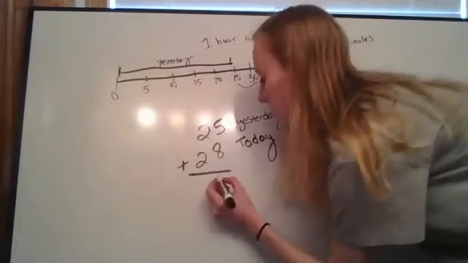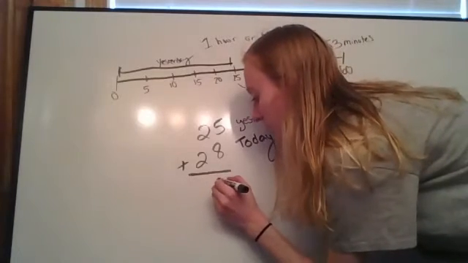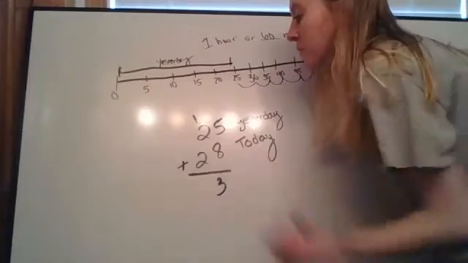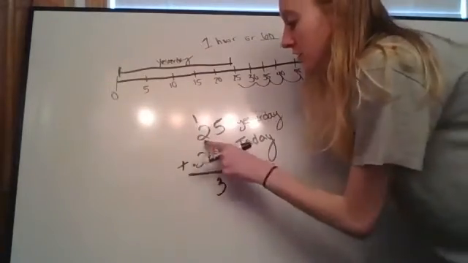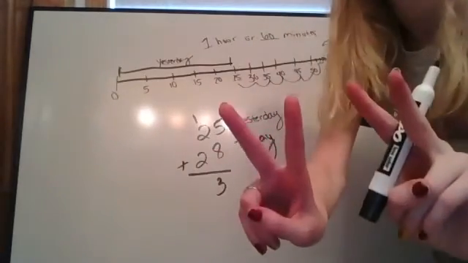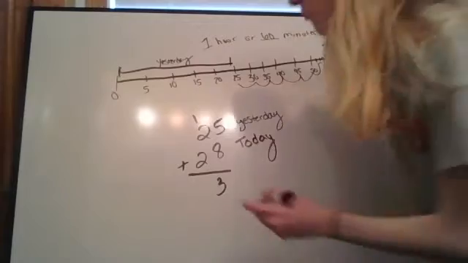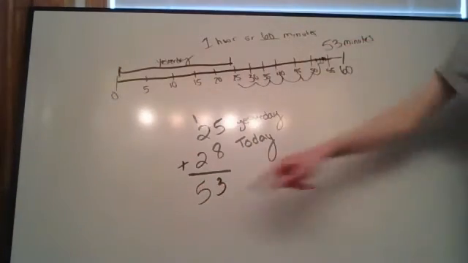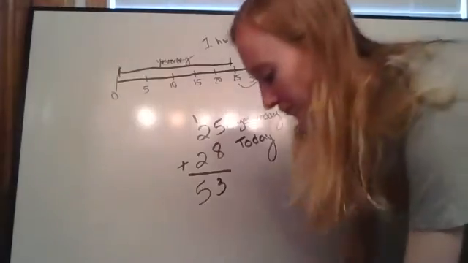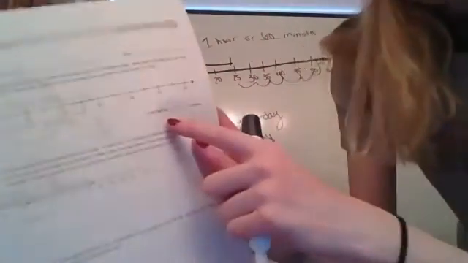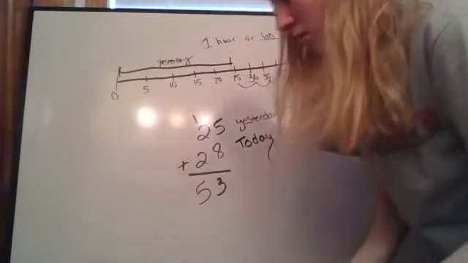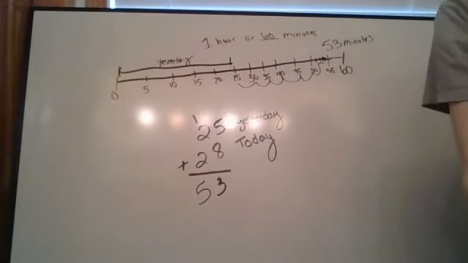So 13. So the 3 goes down there and the 1 goes up there. 2 plus 2 is 4. Plus 1 more is 5. I got 53. Does it match? Yep, it matches. So Cole read for 53 minutes. Go ahead and write that down.